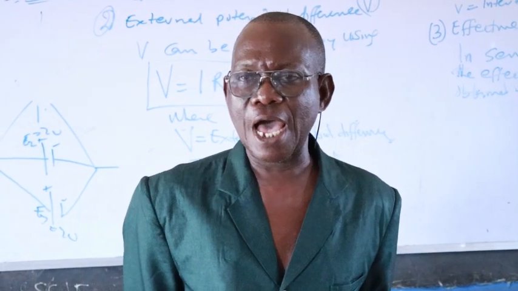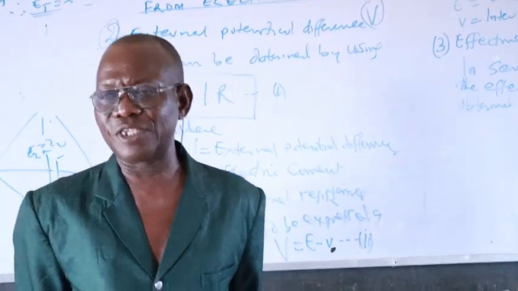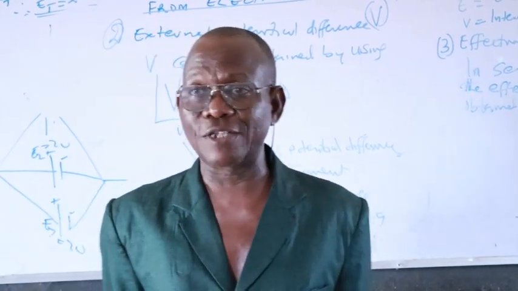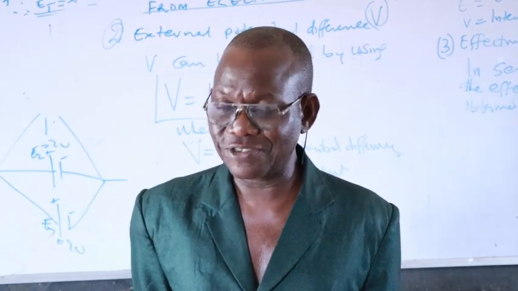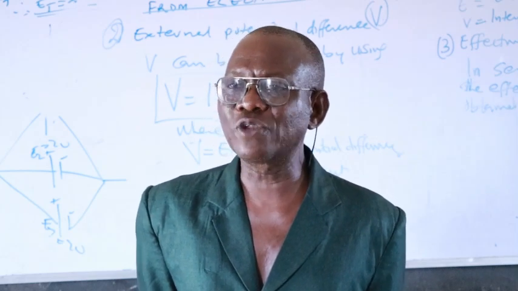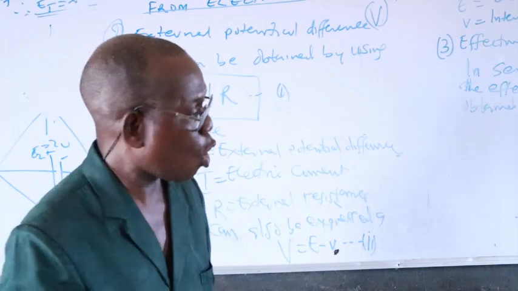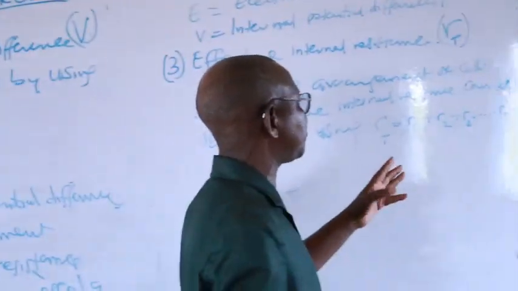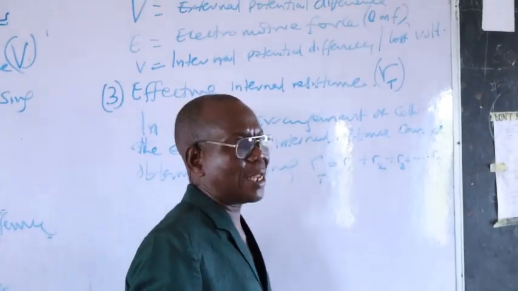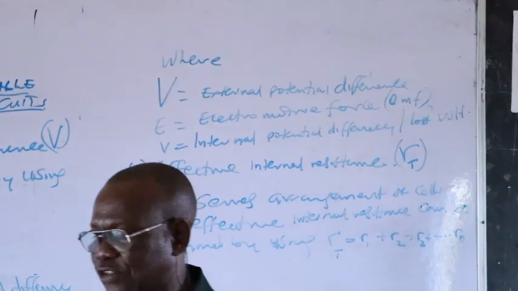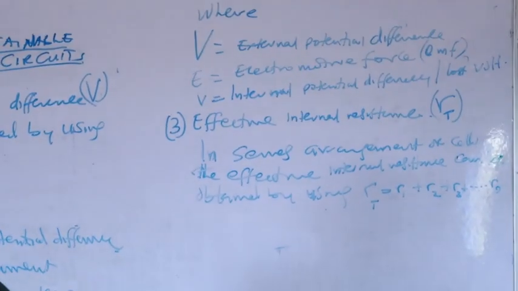I told you effective is also known as total resistance or equivalent resistance. Once the cells are in series, we combine the internal resistance of each of the cells by adding them together. That's how we obtain the effective internal resistance of cells in series.